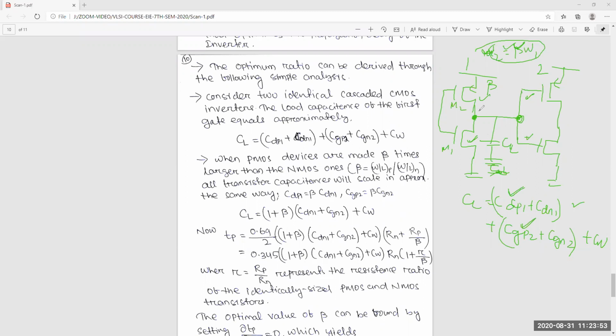So we are increasing the W value here beta times. Similarly, the DP1 will increase by beta times, and this also increases by beta times. So finally, what you will get?